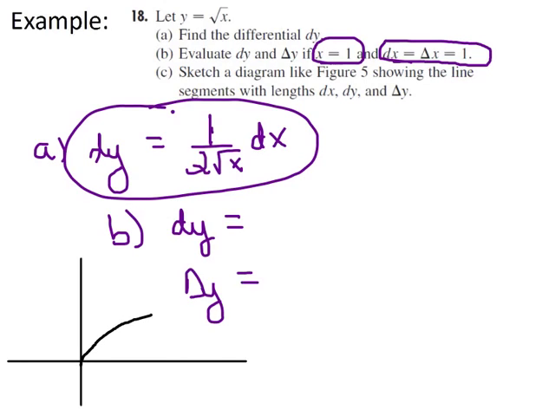So here is my square root of x graph, and I'm going to pick a couple of places here that hopefully I can illustrate what I want to do on my picture. So here's my 1, and here's my 2. And I hope you got that answer, because that's how your change in x, or your delta x, is going to be 1, right? If you move from 1 to 2.